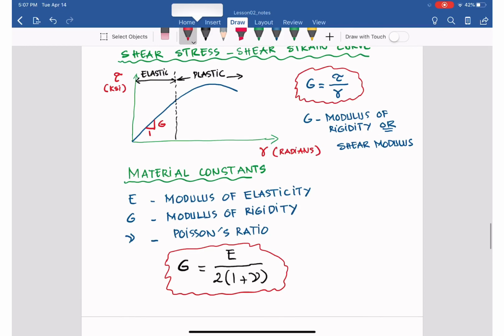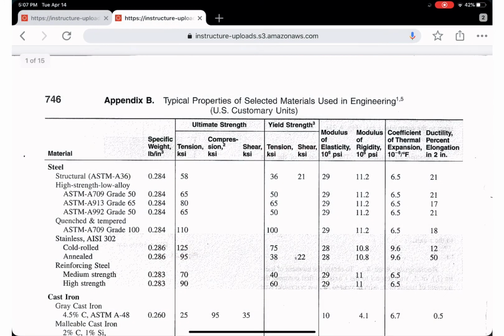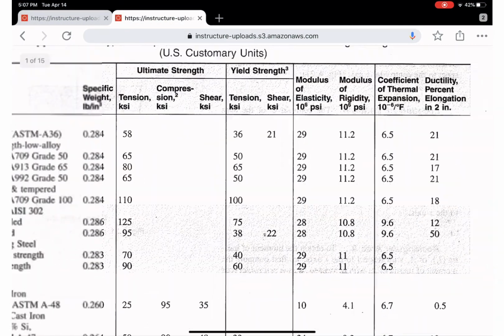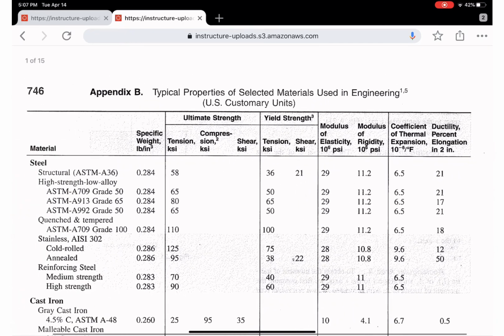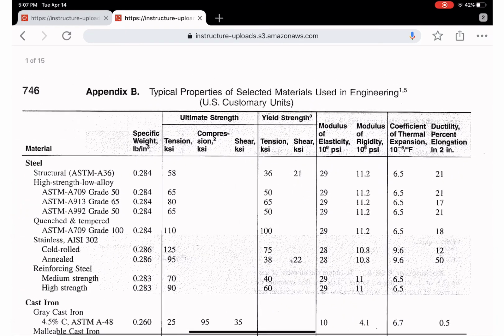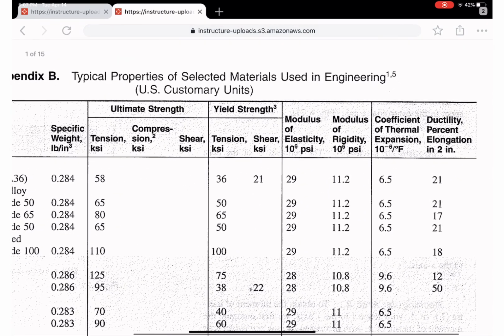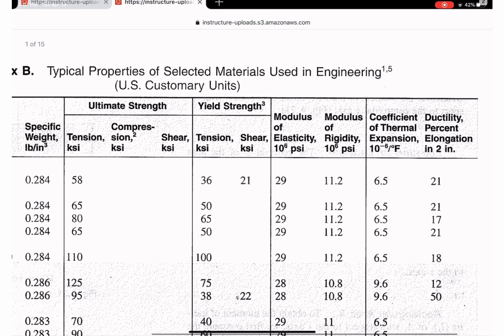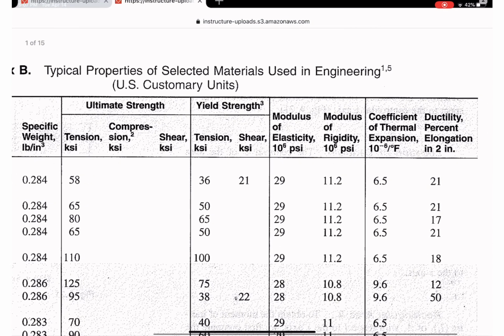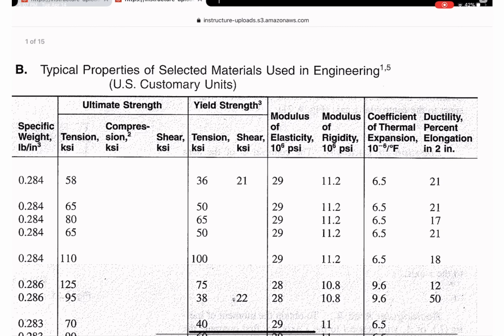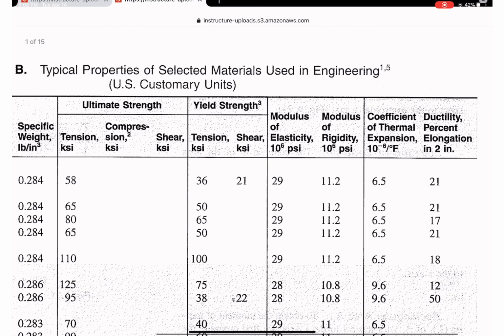And for all of that, you can go back to the reference that we have. You have modulus of rigidity, for example, very first line, structural steel, ASTM A36. Modulus of rigidity is 11.2 times 10 power 6 psi. Modulus of elasticity, 29 times 10 power 6 psi.